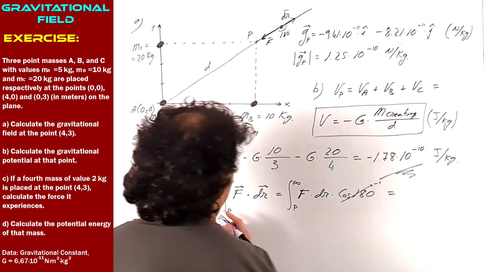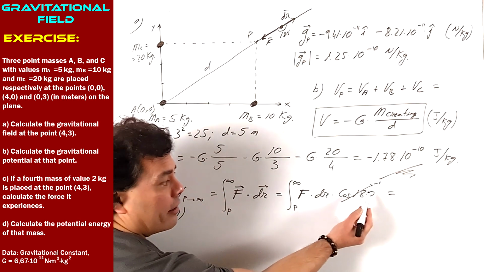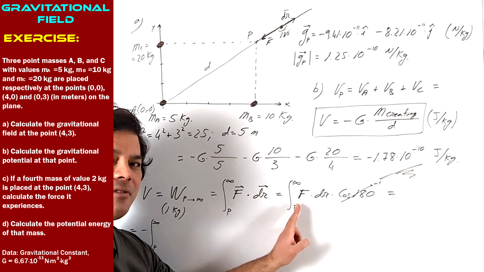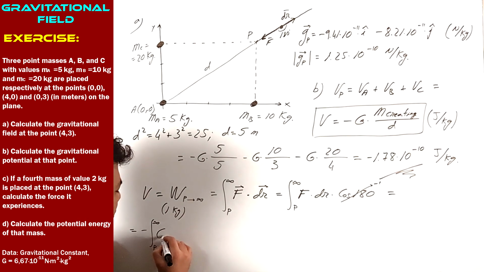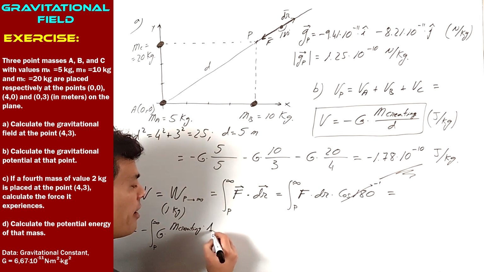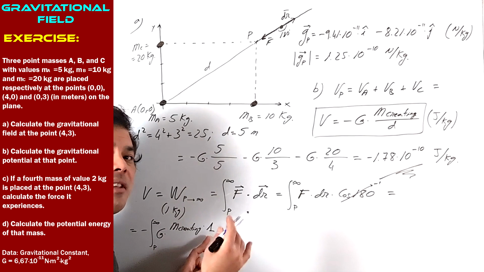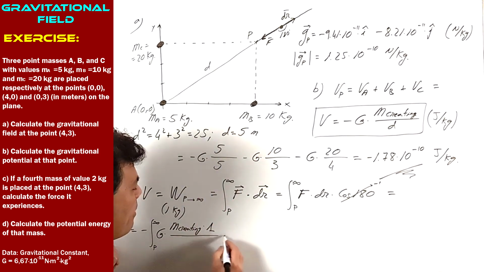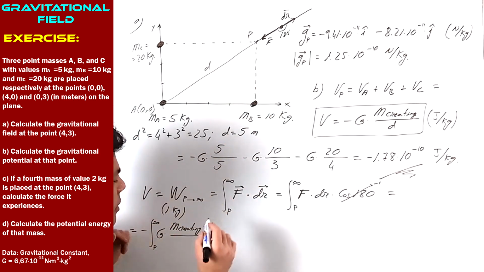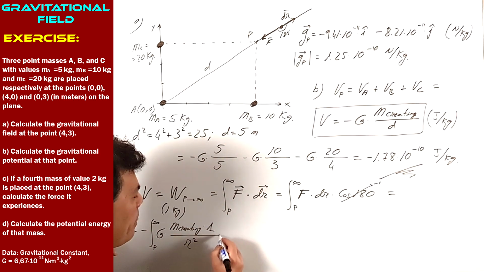Second step done. Now it's time to use Newton's gravitational law to have a mathematical expression for this force. So let's do -1 and the integral from point P to the infinite. The force, there comes Newton's gravitational force, G multiplying the creating mass, multiplying the test mass, 1 kilogram, the mass that we're moving, divided by the distance squared, the distance to point P squared, r squared.